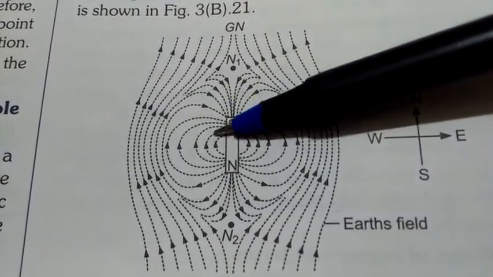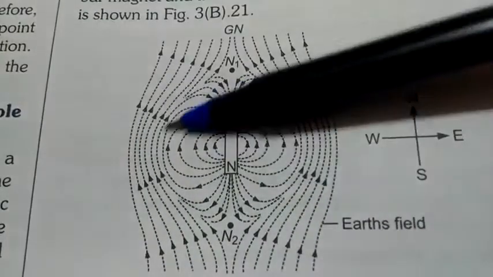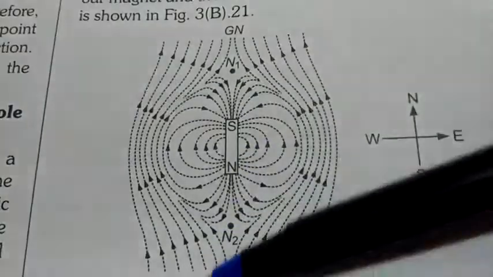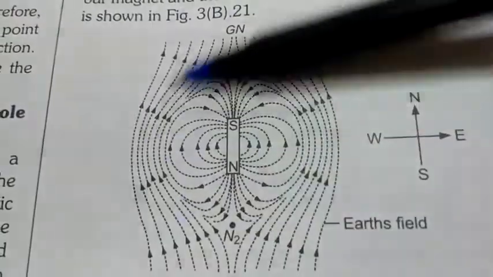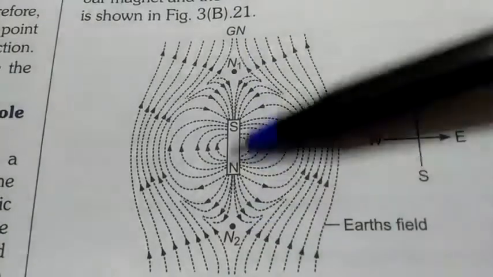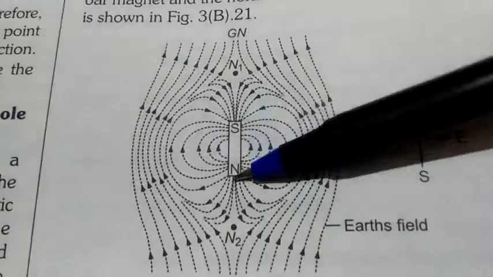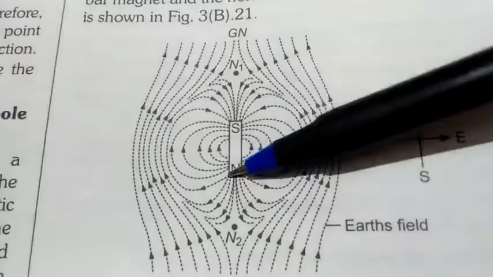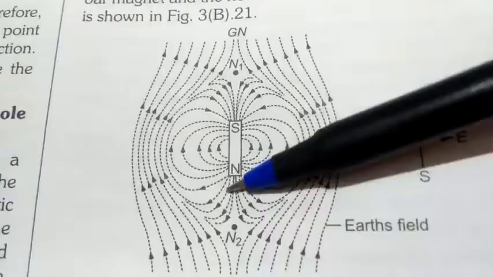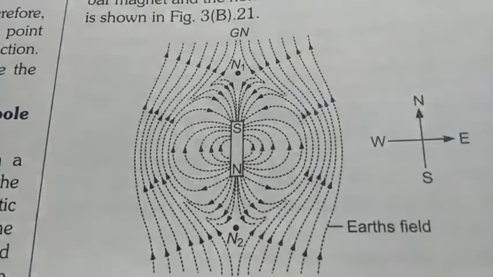These are the magnetic field lines we generally get from a bar magnet, going like this. Now, at the axis of the magnet, if we extrapolate upward and downward, we get two neutral points, N1 and N2.